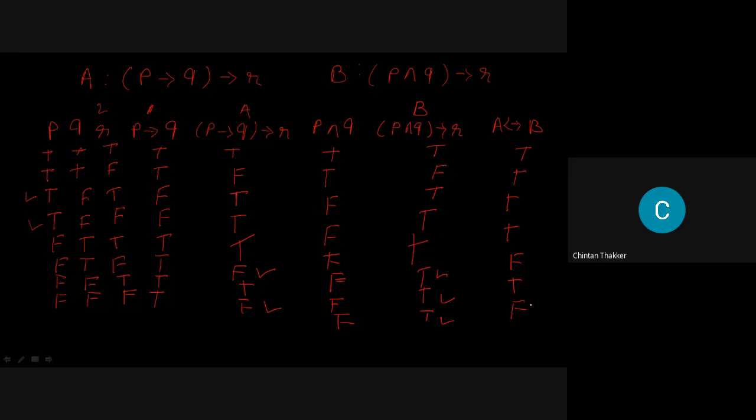So A if and only if B is a contingency, it is not a tautology. So A is not equivalent to B. At the end, A is not equivalent to B.